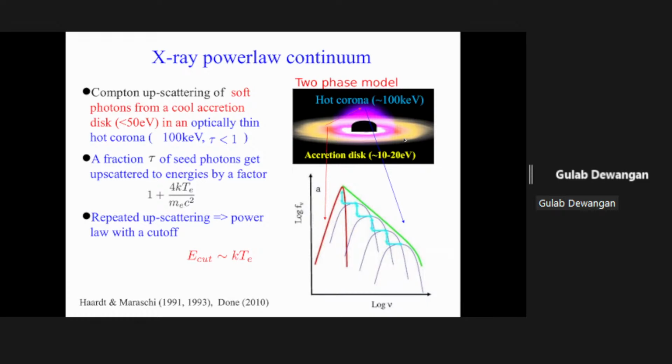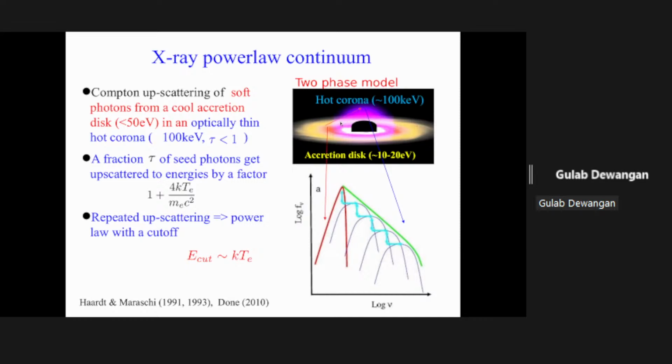So then what happens is that the hot corona essentially consists of energetic electrons, while the accretion disk is emitting photons in the optical ultraviolet band. These photons then interact with the highly energetic electrons in the hot corona and get inverse Compton scattered. Because the hot corona is more like a cloud, there is a huge number of electrons, so the photons can get scattered from one electron, then from another electron.